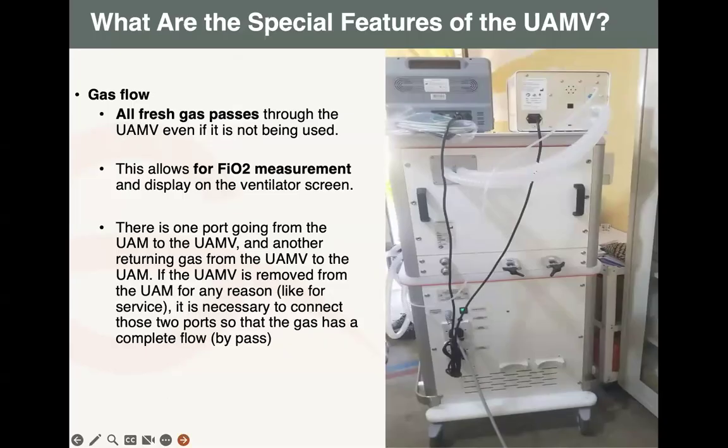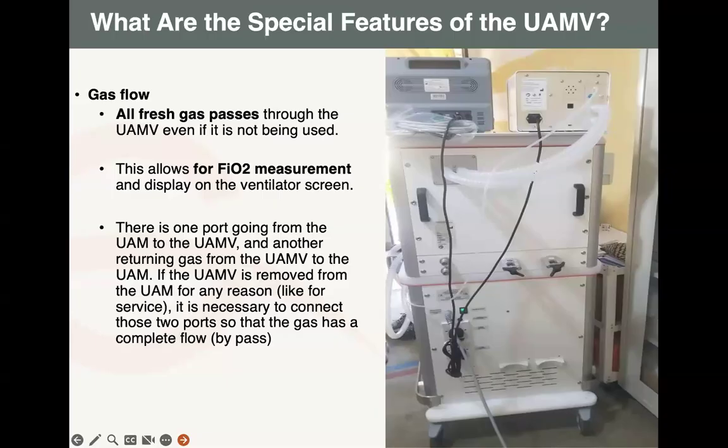When you check beyond the UMV, you'll find that it has a double pipe running from the UMV to the body of the UAM. This allows you to be safe even if your UMV is faulty and you want to take it to your biomed.